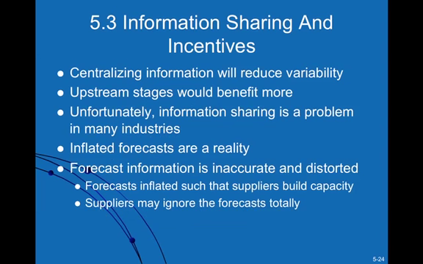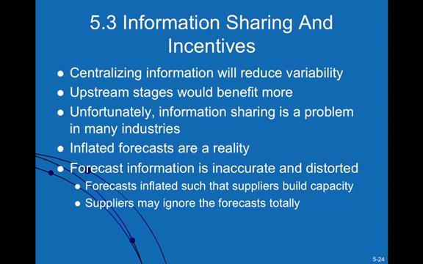There are some other incentives that can be provided. So you say, okay, let's centralize the information. While it will reduce variability, sometimes it's not always that easy to get, particularly supply chain partners that are independent, where the different phases or stages are owned by different people, and so it's hard to get them to coordinate because they may want to keep certain amount of information private.